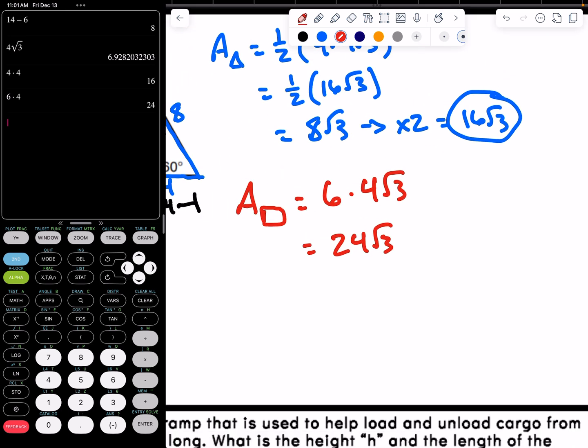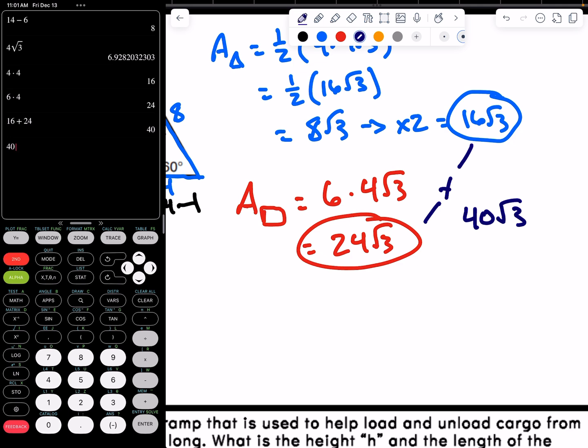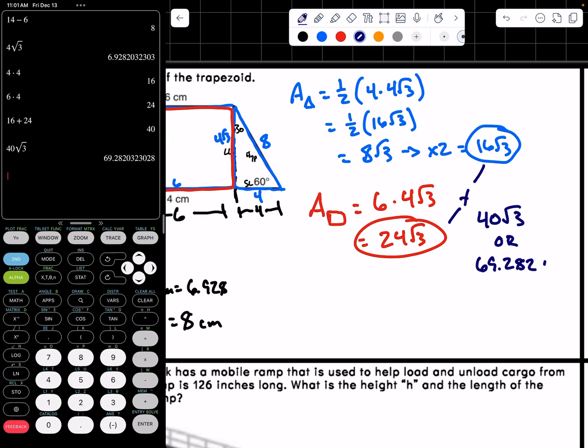And all I would do is add these two areas up. So 16 plus 24 equals, so my total if I add these two up is 40 root 3. 40 square root 3 would also equal 69.282, and that would be centimeters squared.